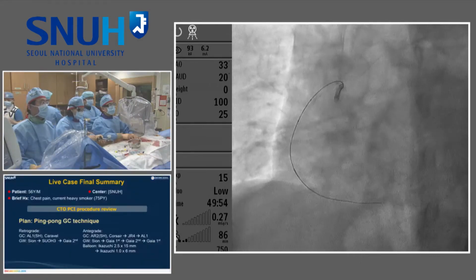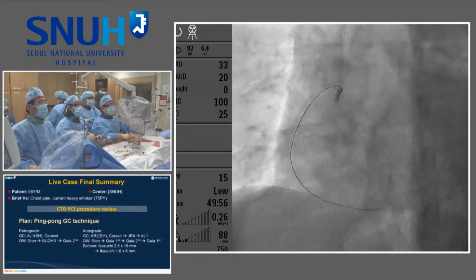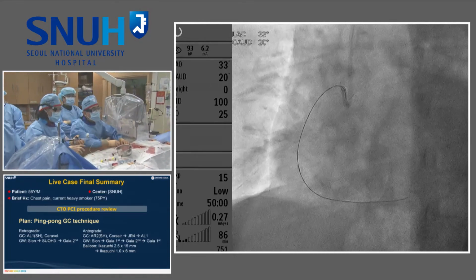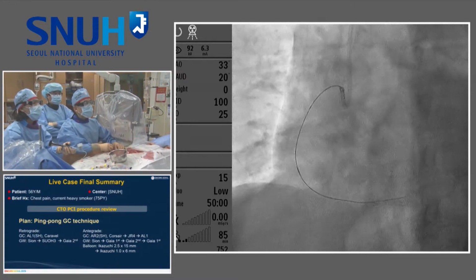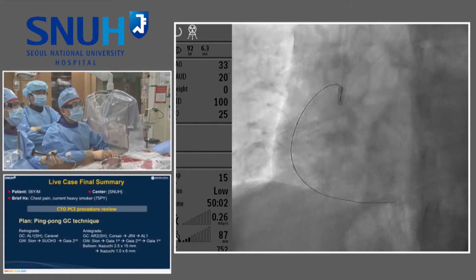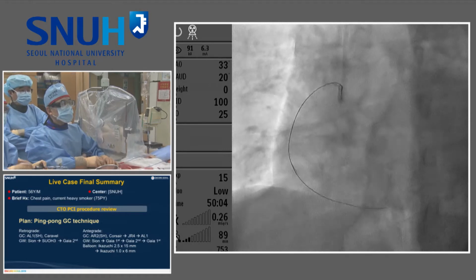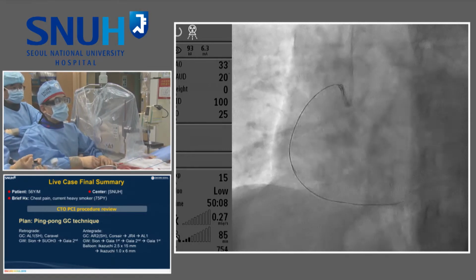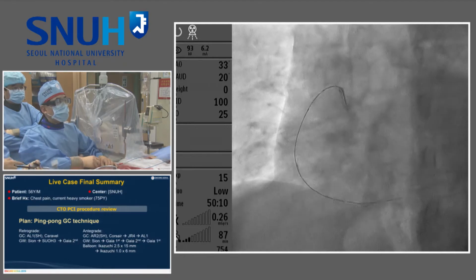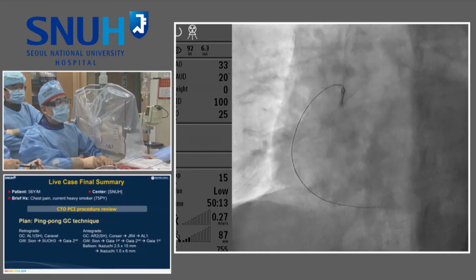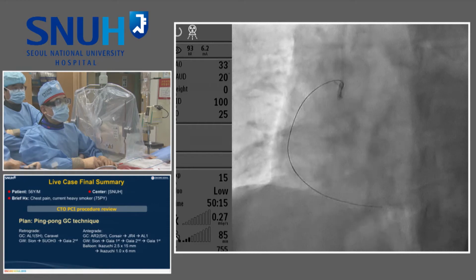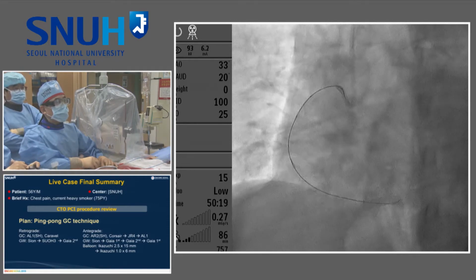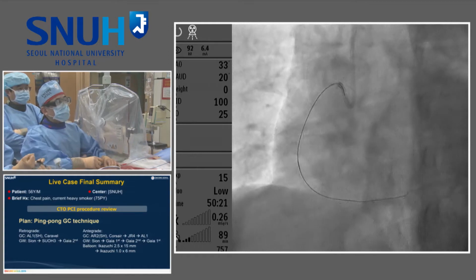Dr. Kim, what are you doing now? I passed the wire into this true lumen, so I am now doing ballooning. Inflation. Deflation. To save the balloon, I tried to use the balloon several times. Inflation. Deflation.